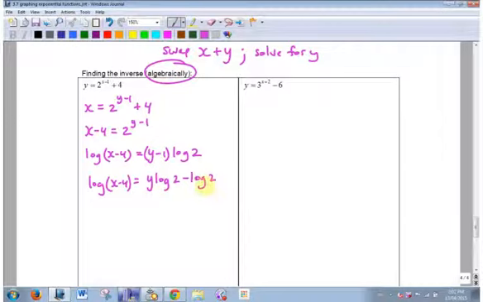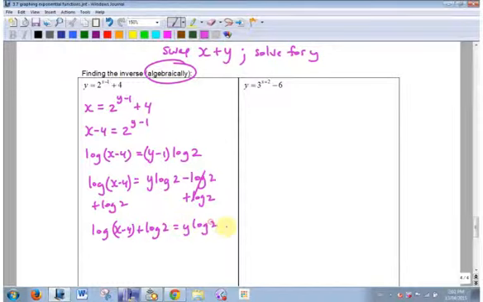So how do I get rid of minus log 2? Add it to both sides. Just like I did with this 4, by minusing it to both sides. So, log x minus 4 and log 2 is y log 2.